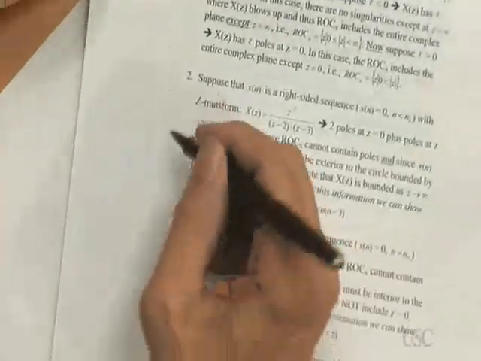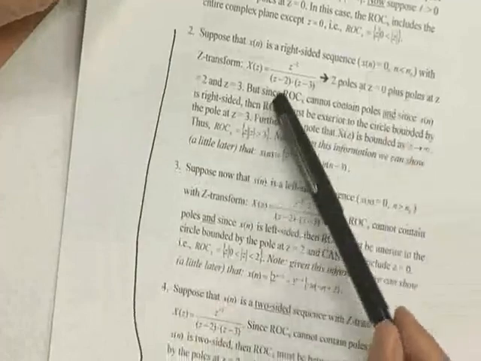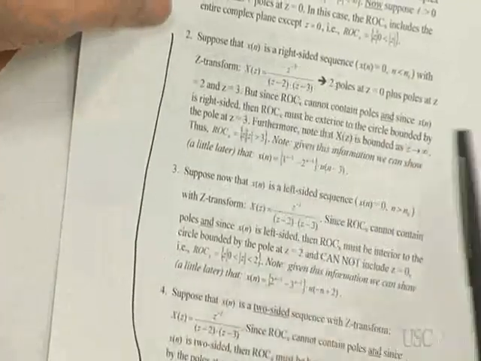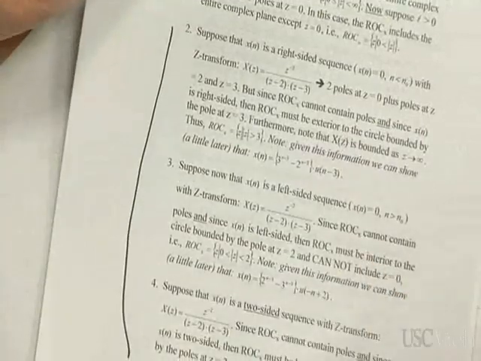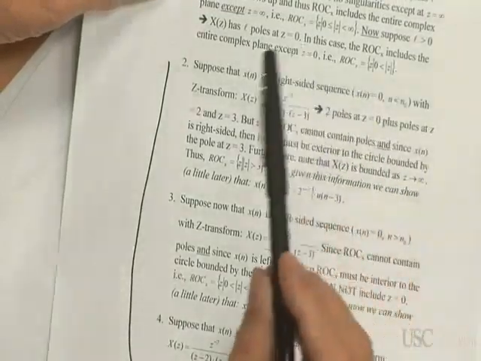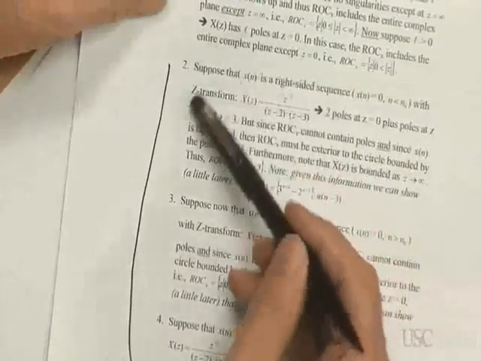Now the next one is a very interesting example. Here I give you the same Z transform, z to the minus 2 over z minus 2 times z minus 3, but the only difference is that I specify the inverse Z transform.